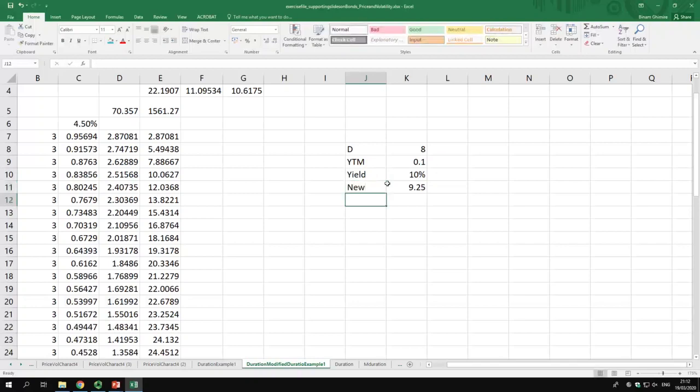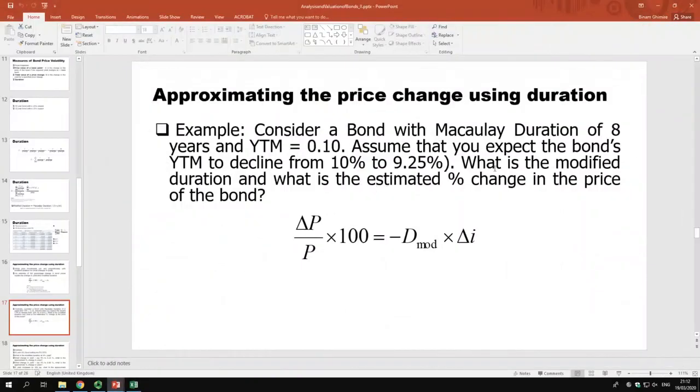Yeah, so that's something we can see. Assume that you expect the bond's yield to maturity to decline from 10 to 9.25. What is the modified duration?